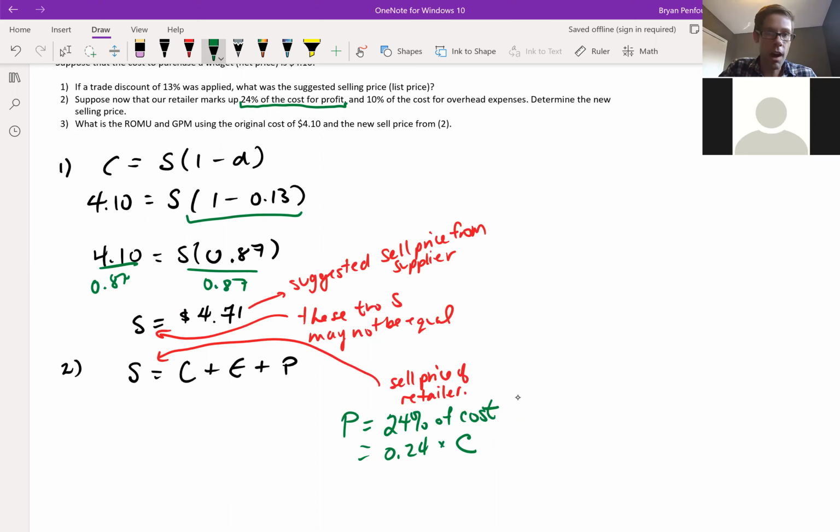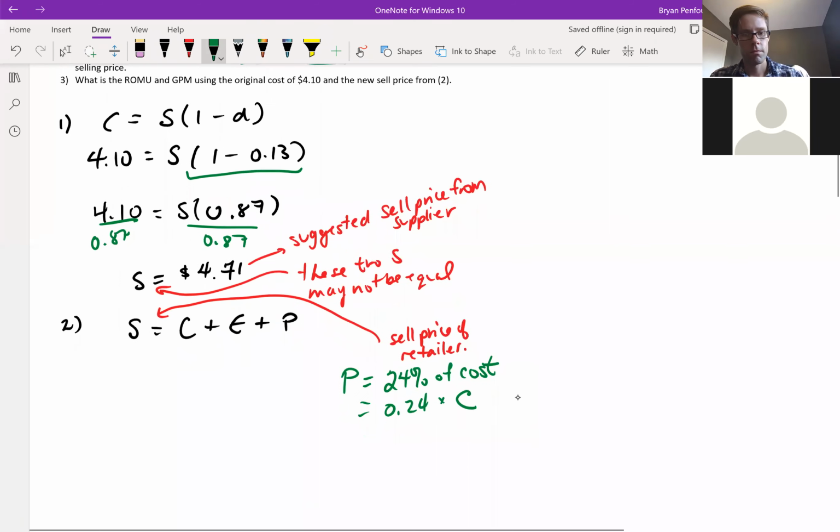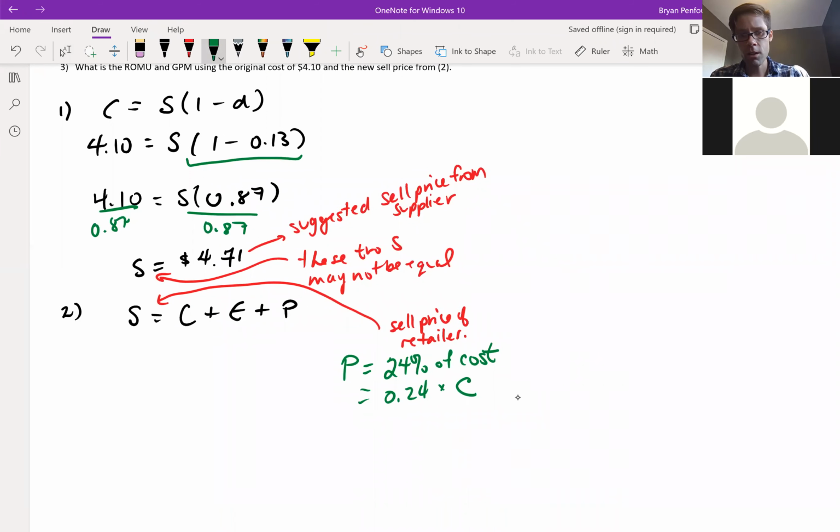I'm thinking about the word "of" as a multiplication, like we saw when we were talking about percentages. And of course, cost we're representing with the capital C in our formulas. So yes, this is a correct setup. And then we want to find 24% of $4.10. We know that the cost to us is $4.10. So let's figure out that number.